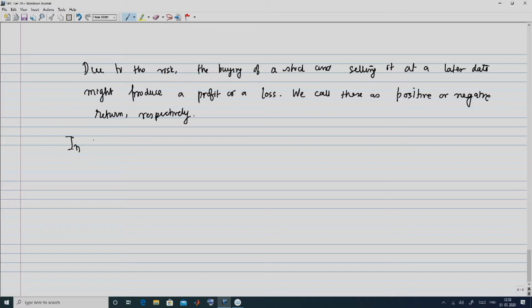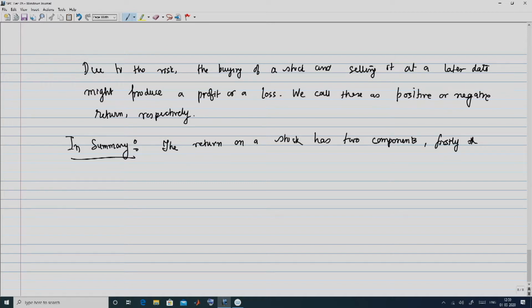So, in summary, just to paraphrase the discussion so far on stocks, the return on a stock has two components. There are two kinds of returns that you can experience in a stock.